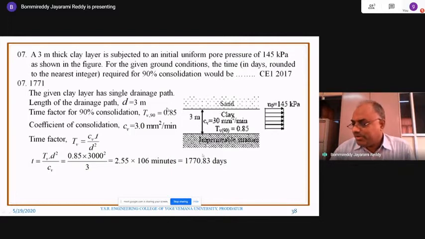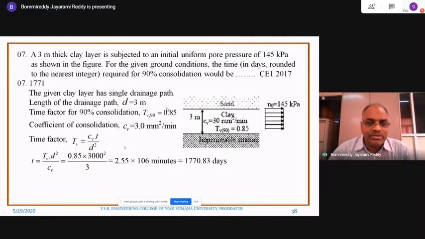So all properties you can now see in the diagram. Thickness of the layer is 3 meters, and one side it is impermeable stratum, another side it is sand. So water has to move only in one direction. So it is called single drainage path. And coefficient of consolidation, time factor are also given.